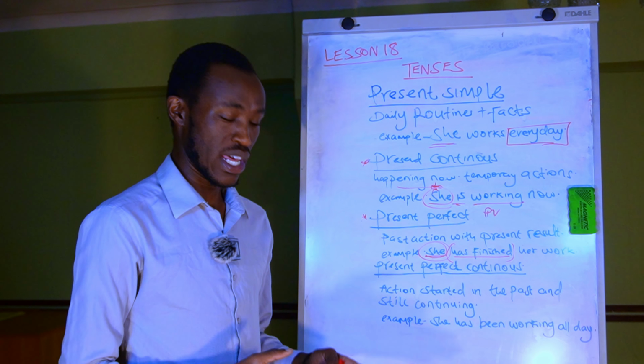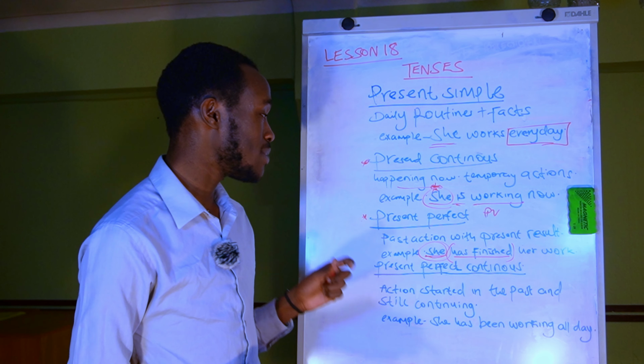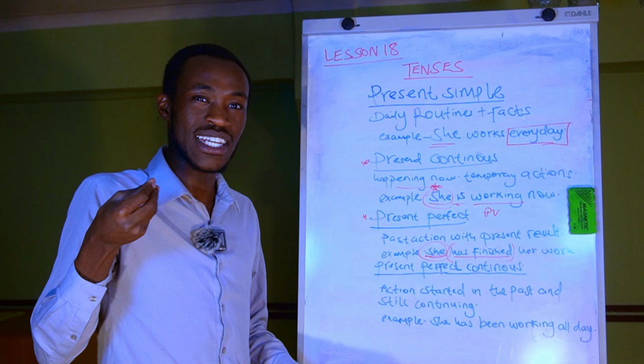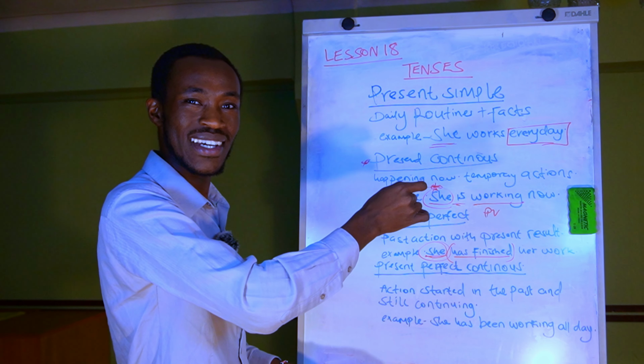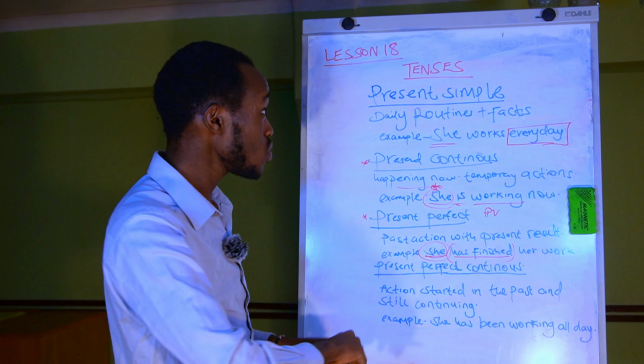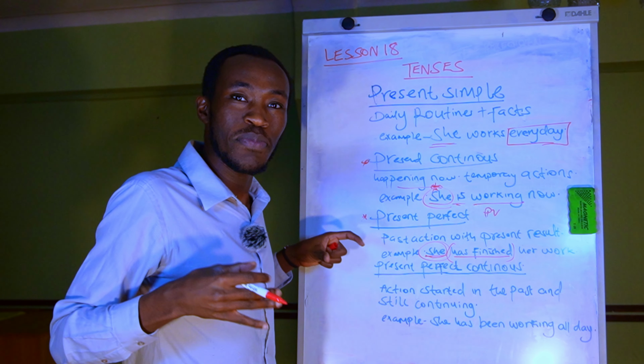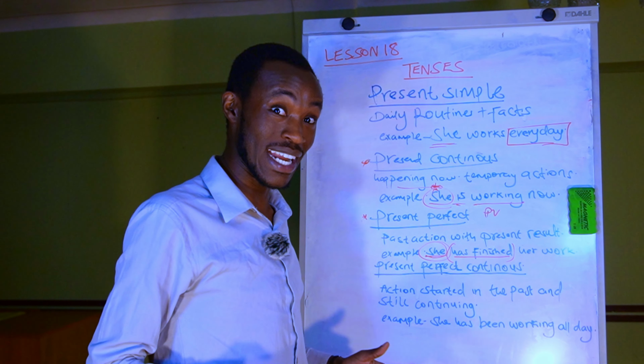So it's not at the moment that she has finished, but it's present but perfect. She has been writing. Are we together? So it's past. But at the moment, it is something that affects where we are at the moment.